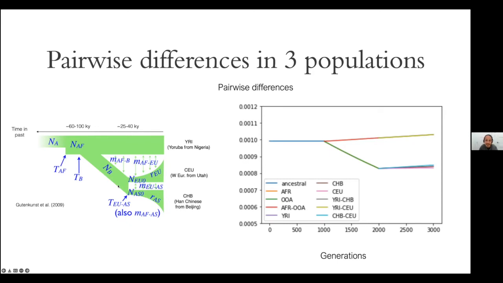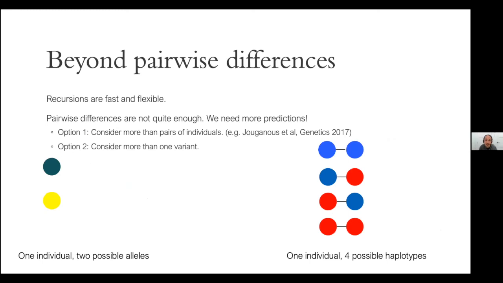So this is great, but we still have only 6 observables, and we want to learn dozens of parameters. So it's not quite enough. What will we do? There are 2 options. One option that we tried is to say, instead of looking at pairs of individuals and pairwise differences, we can look at more complicated statistics involving larger samples.